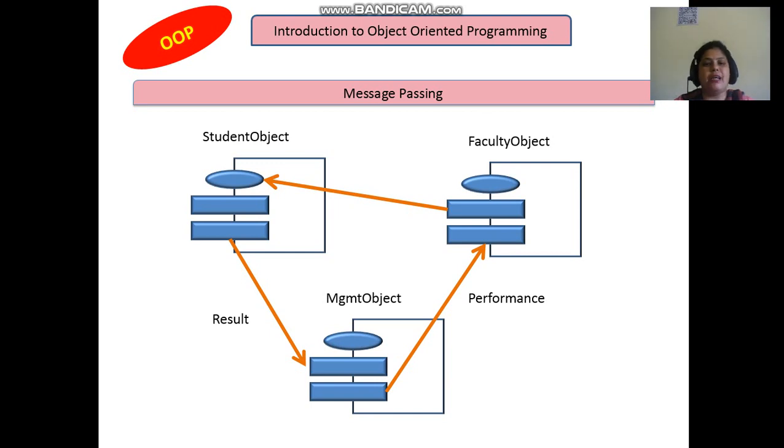A student object can pass a result to the management. Management can ask for the performance of the faculty or the student, and vice versa. So message passing can be done among all these three entities. Through an object you can pass messages to one another in object oriented programming.